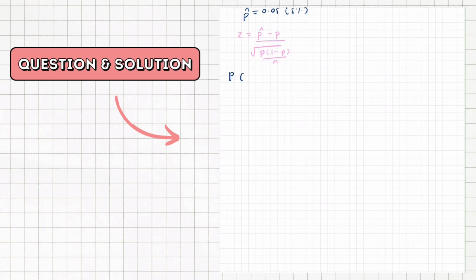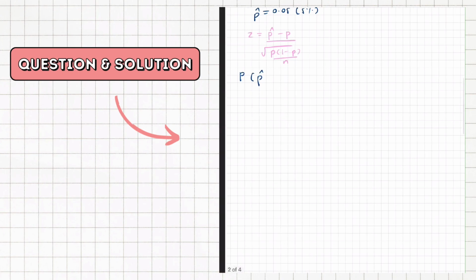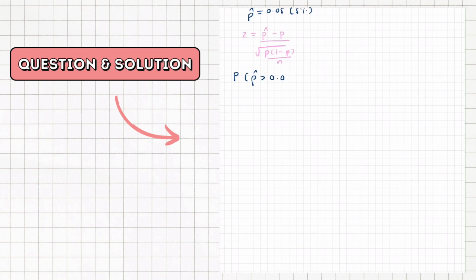So the probability is P(p hat more than 0.05). So we will write the formula on the left hand side.